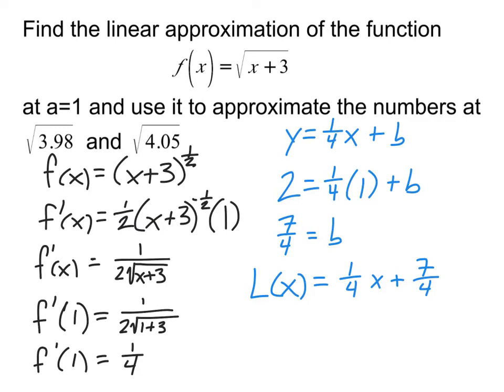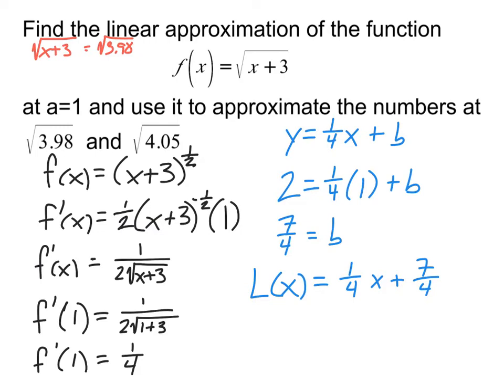Right, now, with this linearization process, the part that is really tricky for most people is, what do I now plug in for x in L of x? And it's always a matter of what gets me this number. Because I want the square root of x plus 3 to become the square root of 3.98 so that I can estimate it.